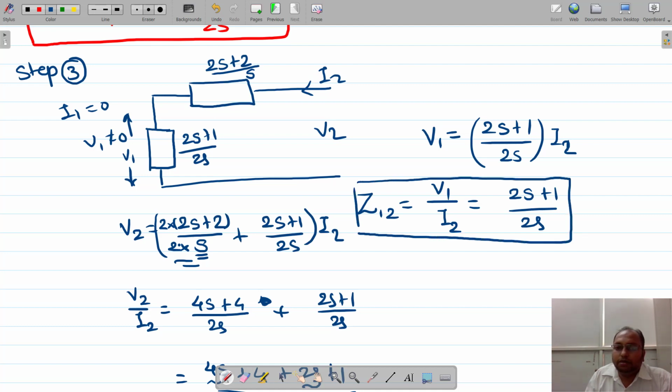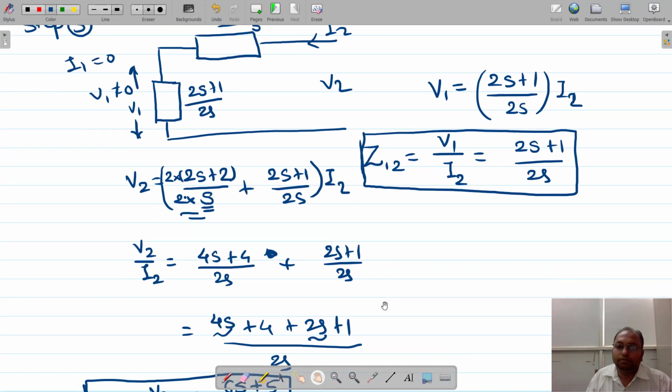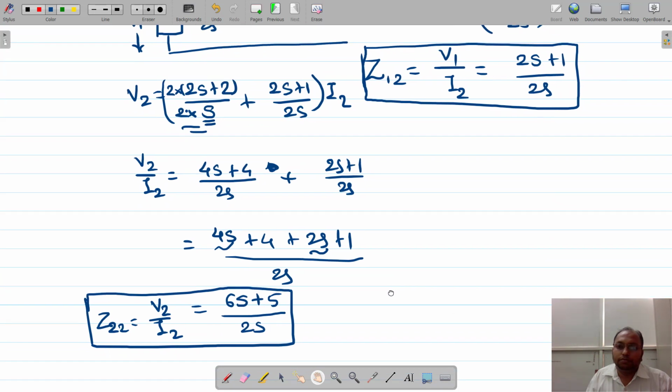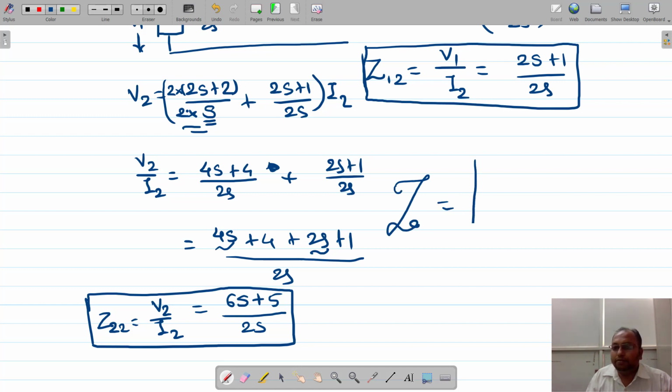And finally you have to write the Z matrix. So let us write the Z matrix. First of all write this: (2s + 1)/2s. This is also (2s + 1)/2s. This is nothing but (6s + 5)/2s; remember this is 5, not s.